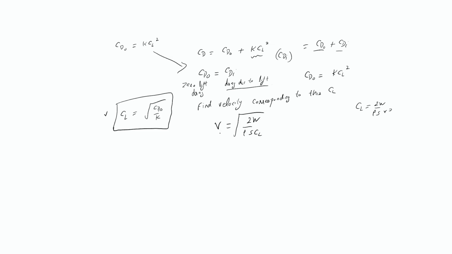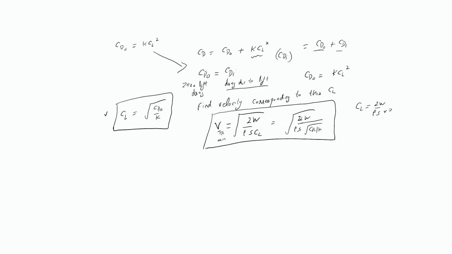So V equals square root of 2W by rho S CL. All right, now this is the velocity for which thrust required is minimum. So 2W by rho S, what is CL? CL is square root of CD naught by k. So this is the velocity at which thrust required is minimum, or the velocity at which L by D is maximum.